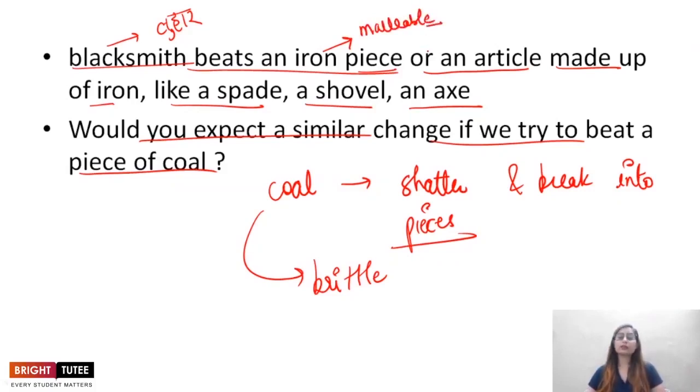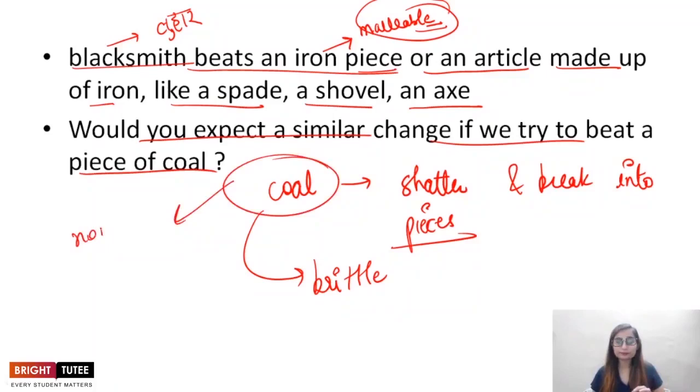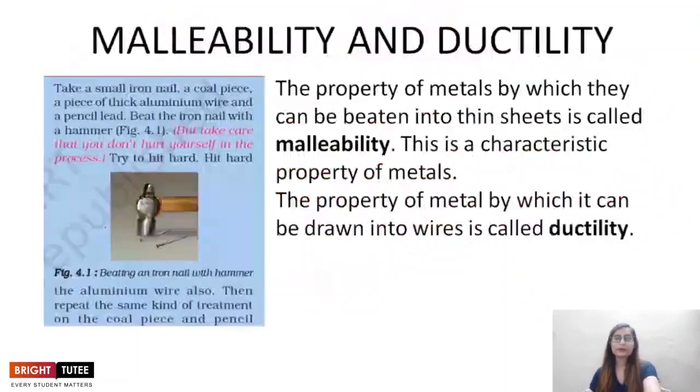We will be studying about this property, what is malleability and what is ductility. So basically, an iron piece does not break into pieces, does not become a powder because it is malleable. It changes its shape on beating. While coal, being a non-metal, is very brittle and suddenly breaks.